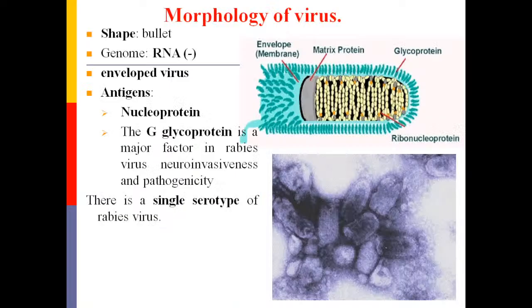Firstly, about morphology of the virus. Lyssavirus that causes rabies has bullet shape. You can see it resembles a bullet. Its genome is negative-strand RNA. It's an enveloped virus, so it has an envelope.